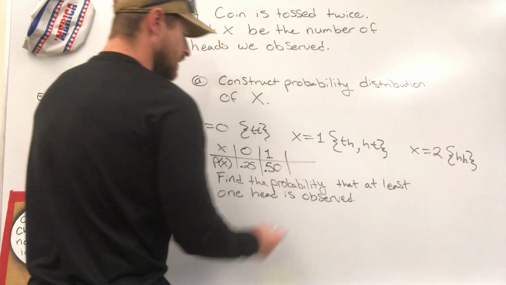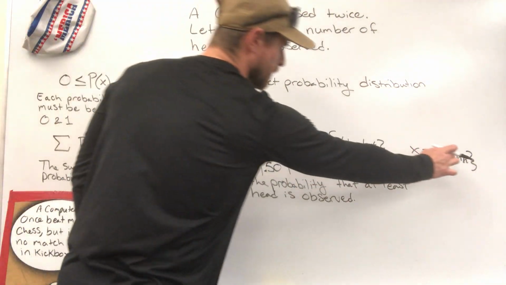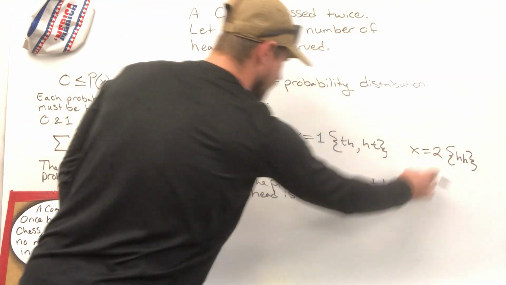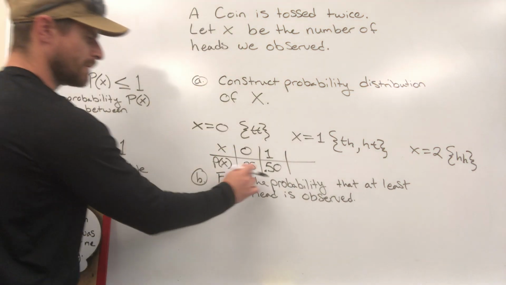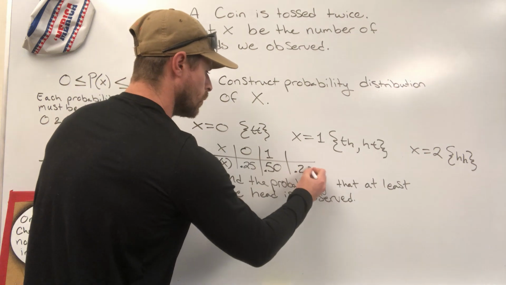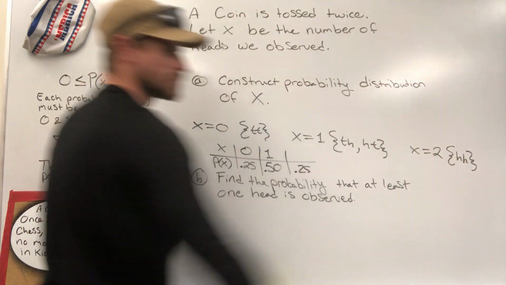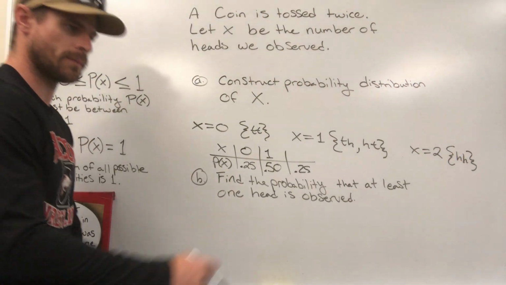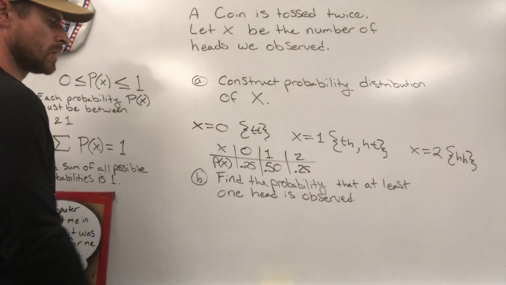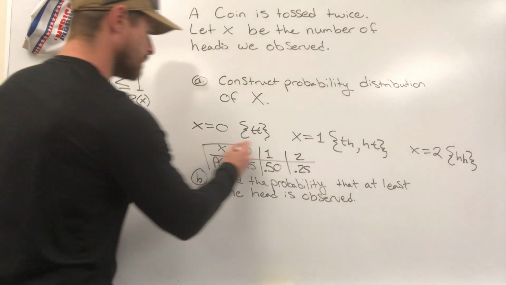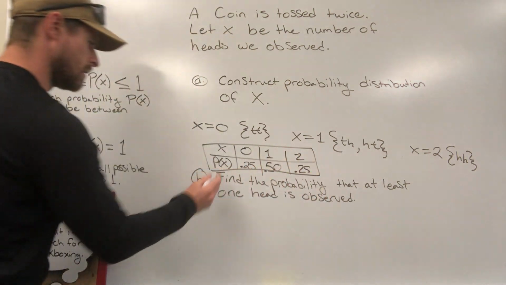What's the probability of it happening and seeing heads twice? Same as seeing it 0 times, 25% chance, because there's only 1 scenario where that occurs, and that's where you flip heads, and then you flip heads again, okay? Twice. So this right here is going to be your probability distribution, okay?